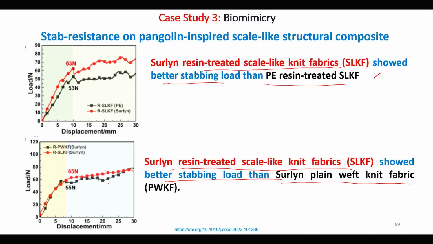Both are Sarlin here, but one is with the scale like structure and the other red one is the plain weft knitted structure. So, the best result is with the Sarlin and the scale like structure, that was actually recommended from this study.